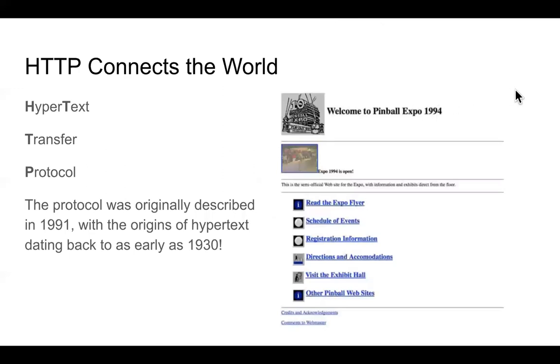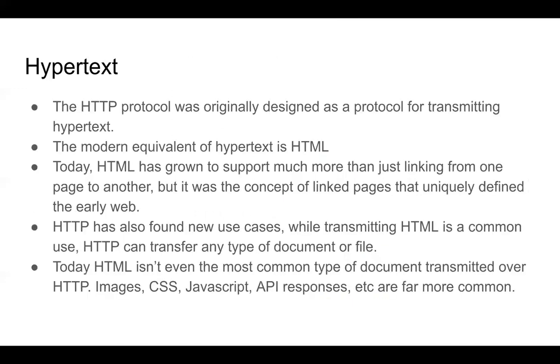All right. So HTTP, it's the Hypertext Transfer Protocol, originally defined in 1991. Like the name would imply, the protocol is primarily focused on transferring hypertext. One example of that would be HTML. You can think of it as primarily a way to get HTML documents between clients and servers.